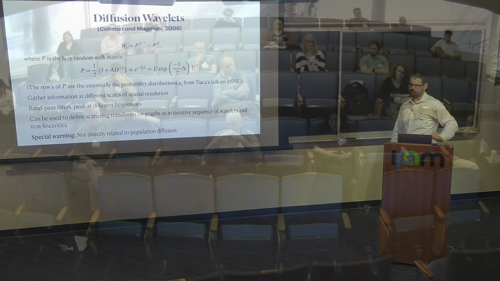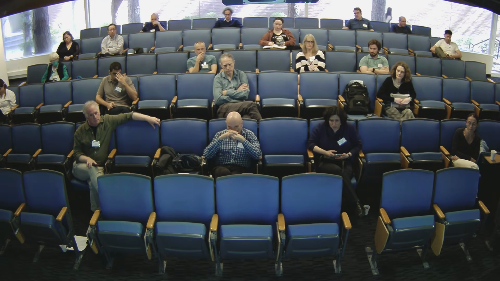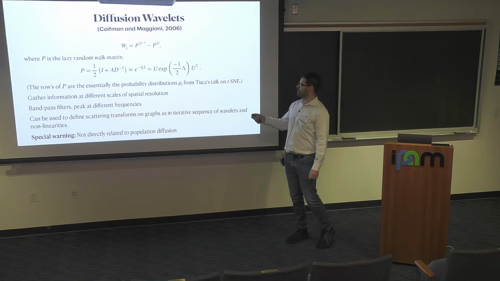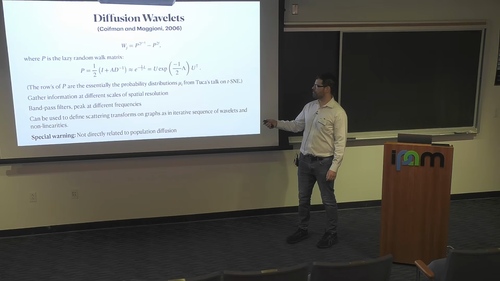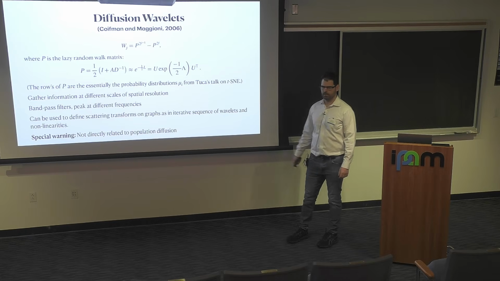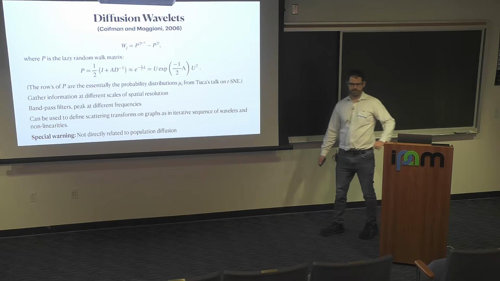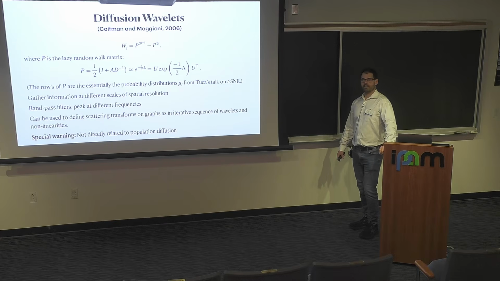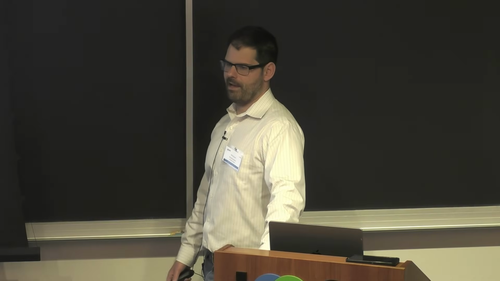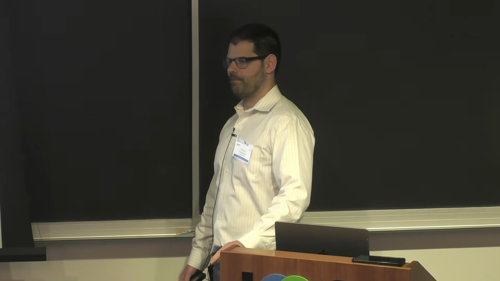How are you getting the different scales? I'm confused. Did you do this a different number of times or something? So the wavelets, it's the matrix P raised to a different power. Oh, I see. Essentially you take that matrix, multiply it by itself 4 times, but you'd also multiply it by itself twice.